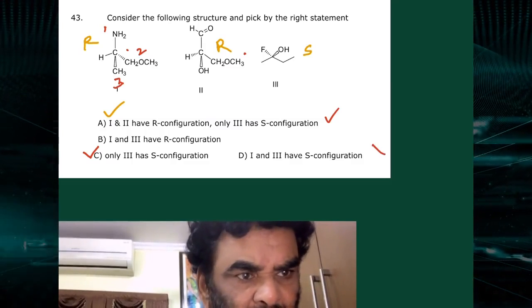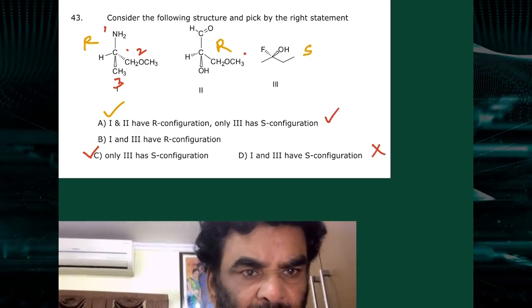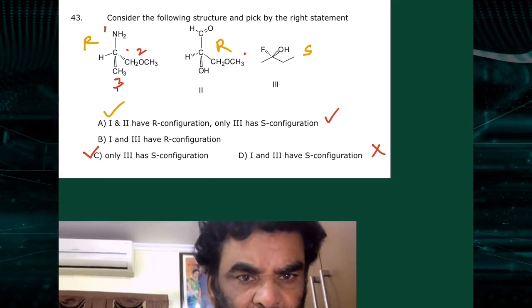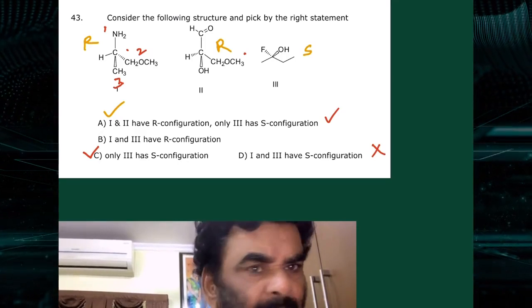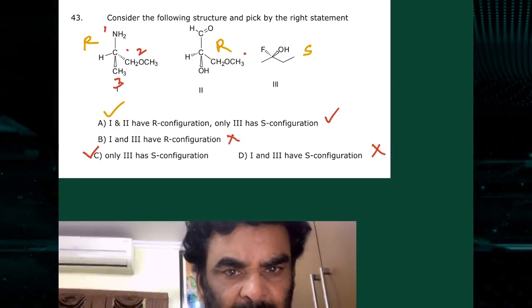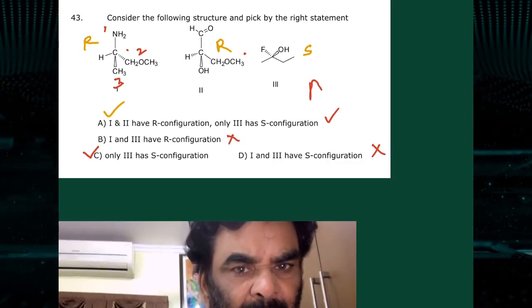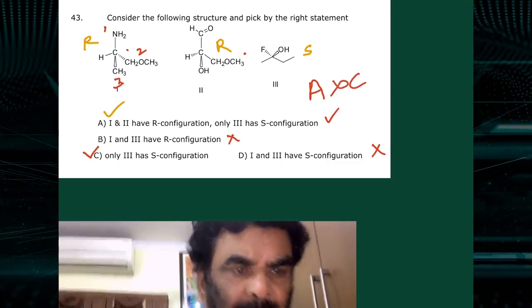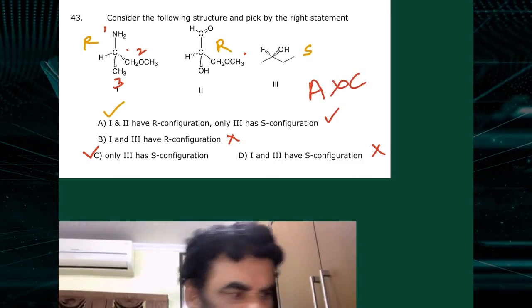No, this is wrong. 1, 2 have the R configuration, only 3 has the S. 1 and 3 have the R configuration? No, wrong. Here A and C are correct. A, C both are correct.